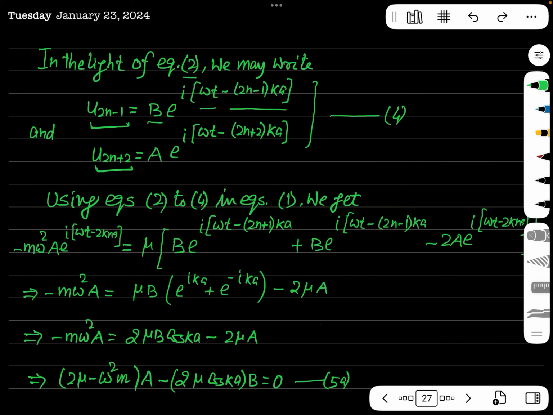And in place of 2n there will be 2n plus 2.